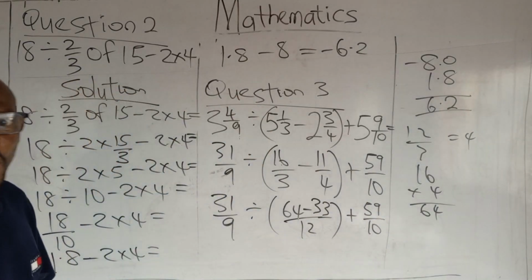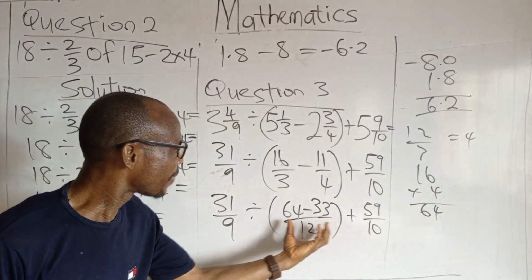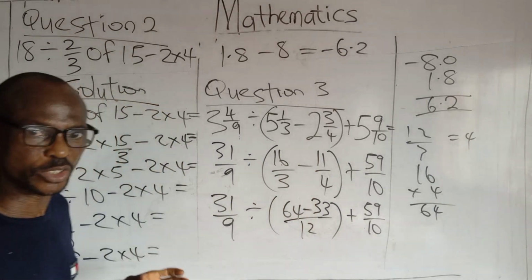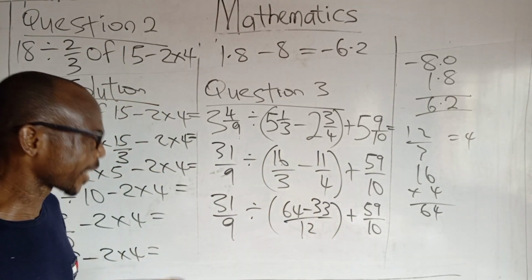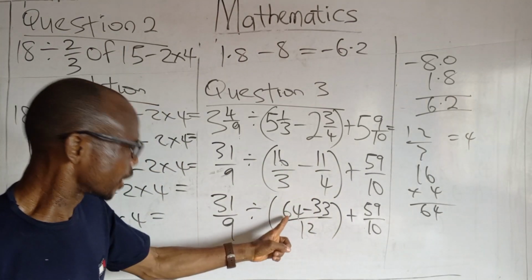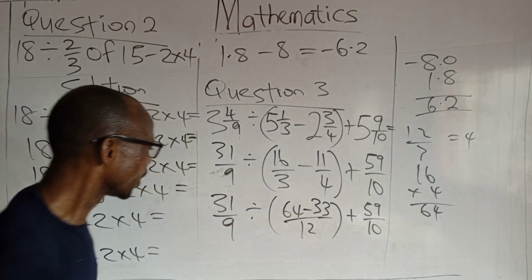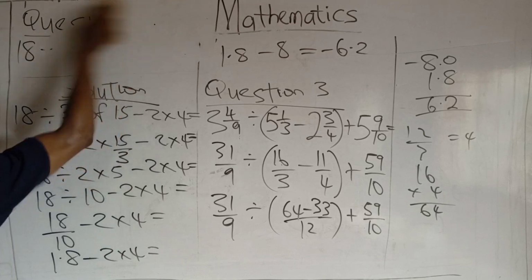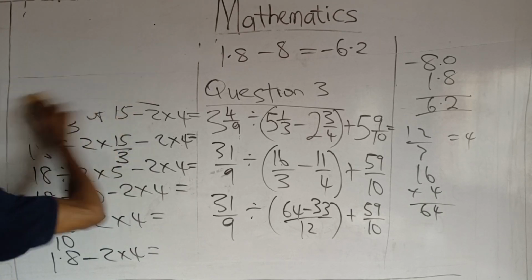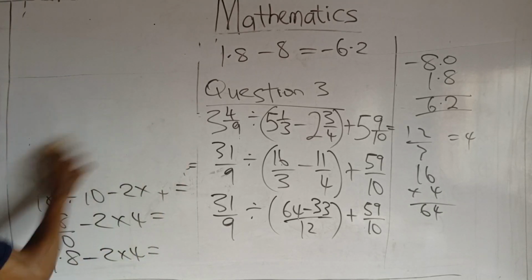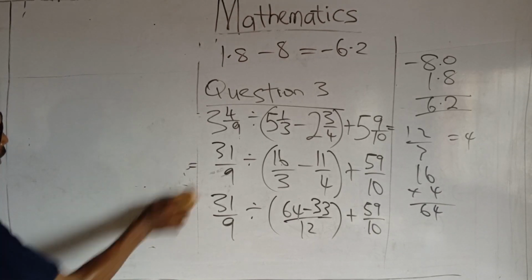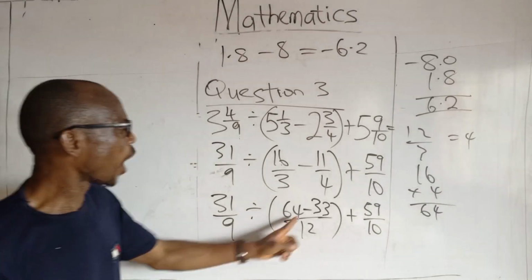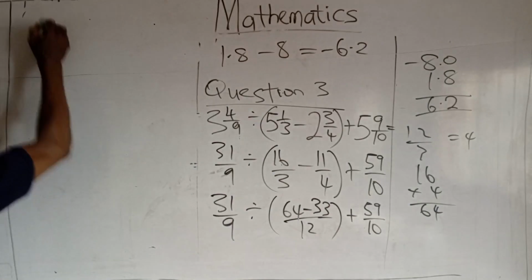So you can see that we are taking the values in the bracket first. So what do we have? 64 minus 33. And that will give us, 64 minus 33, we have 31.